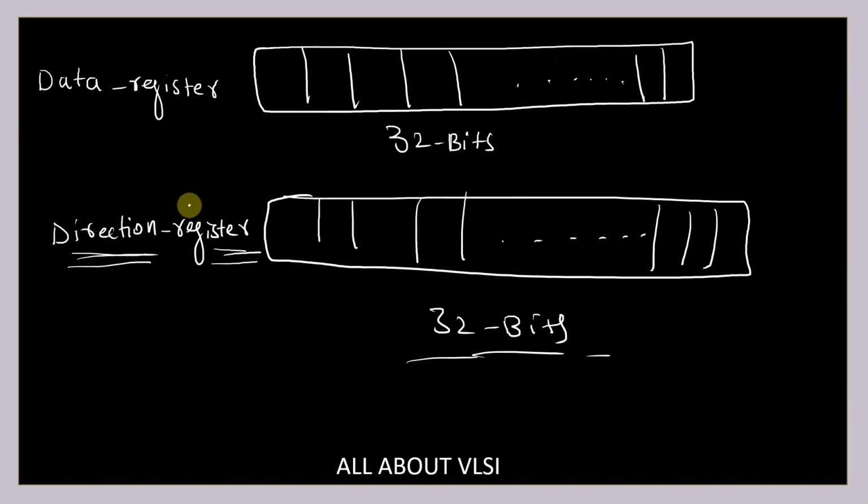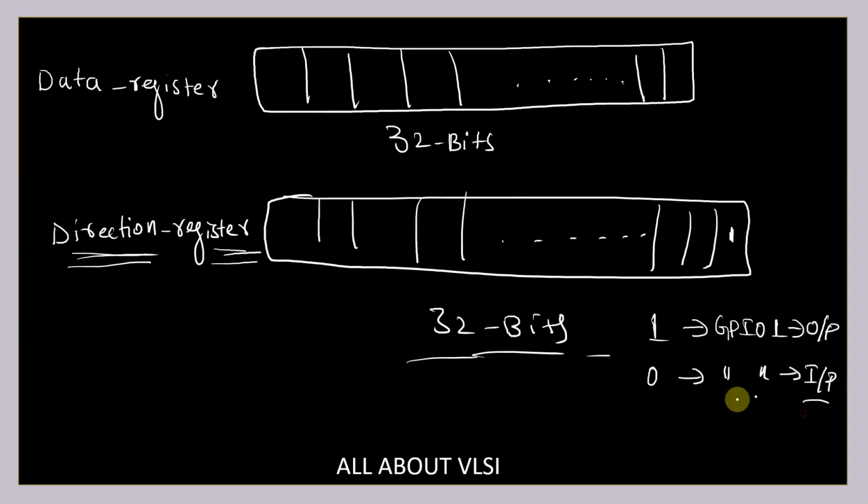So the processor is going to configure this particular pin to be either 1 or 0. If this direction register bit is equal to 1, that means GPIO 1 is configured as output, and if this direction register bit is equal to 0, then GPIO 1 is configured as input.